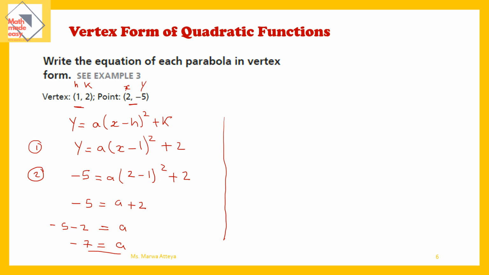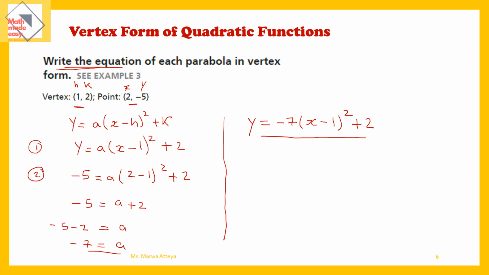So our objective is to write the equation. How do I write the equation? Again, using the vertex form, I have y, we don't substitute for y, equal -7, open parenthesis, x, we don't substitute for x, minus h, which is 1, squared plus k, which is 2, and this is the equation we require to find.